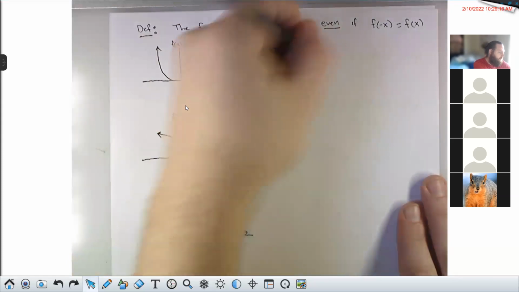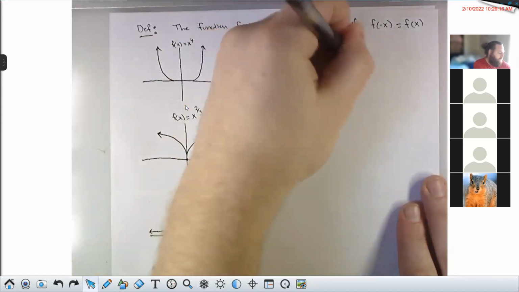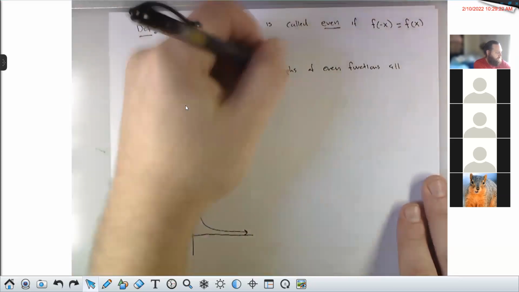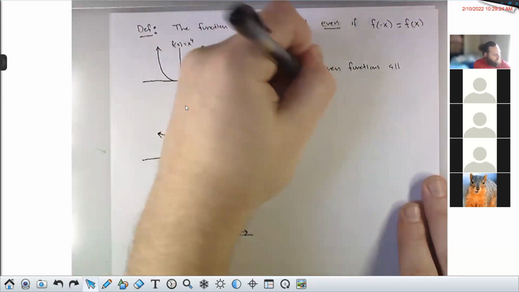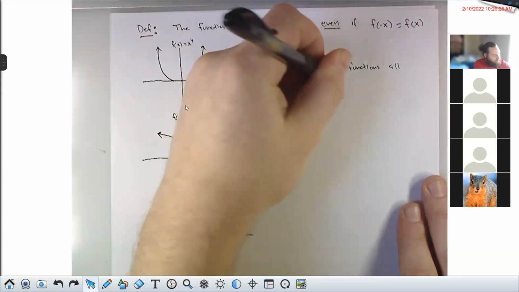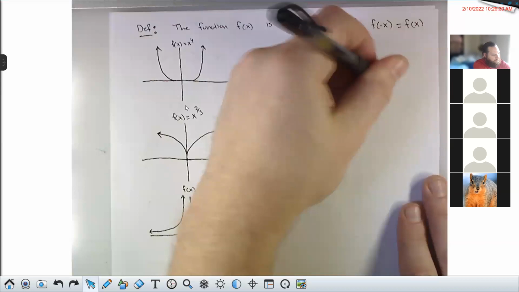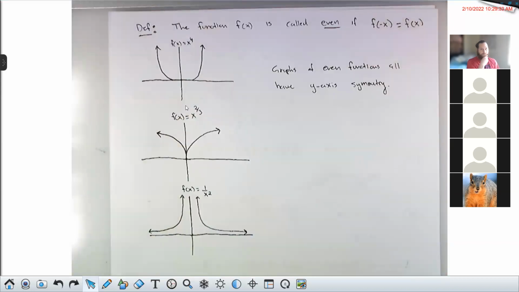Graphs of even functions all have y-axis symmetry. And for each of these, I can show you that this is true. All right, so let me show you over here the algebra thing that corresponds to this geometry thing, the symmetry.